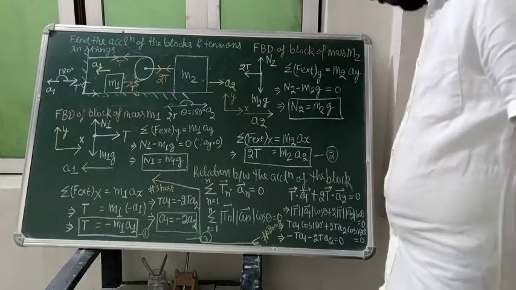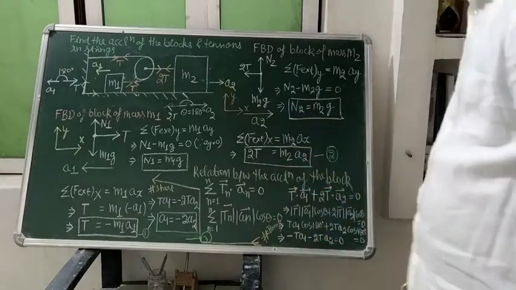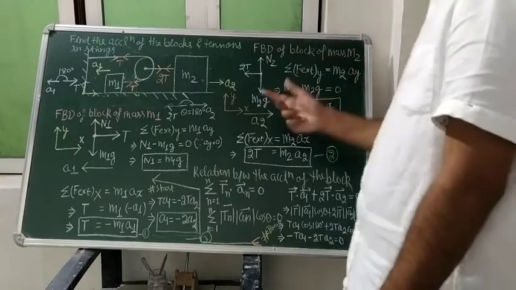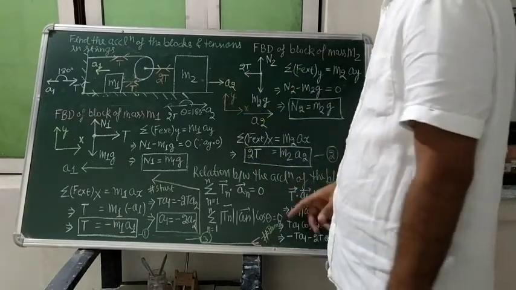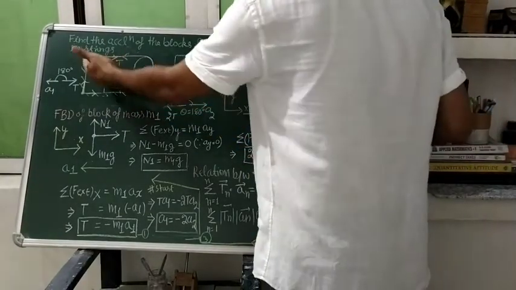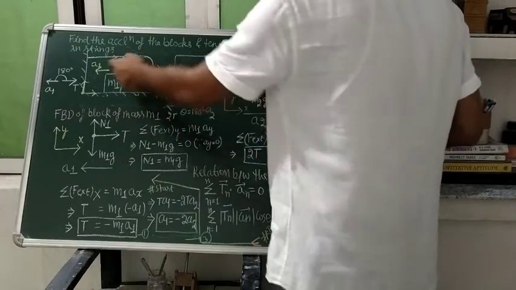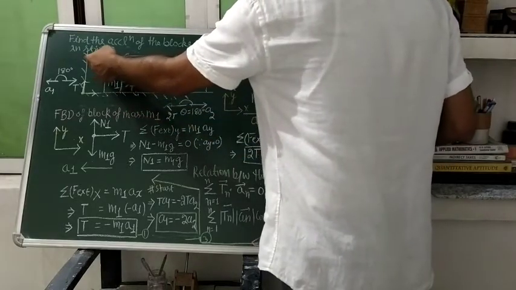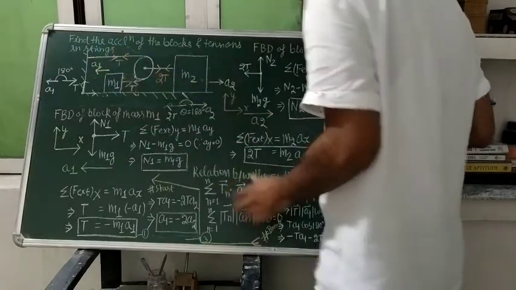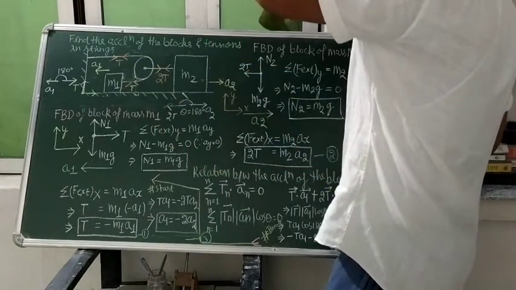Of course, some students will raise their hand in class and ask to repeat it, so once again I am recapitulating. We assumed a problem where one string was attached to the wall, and the surface was frictionless. One end of the string was connected to this wall, going over this pulley, and the other end was connected to a block of mass m1.